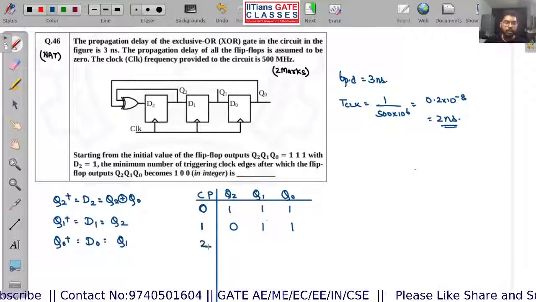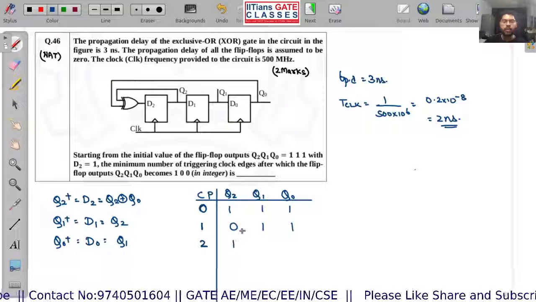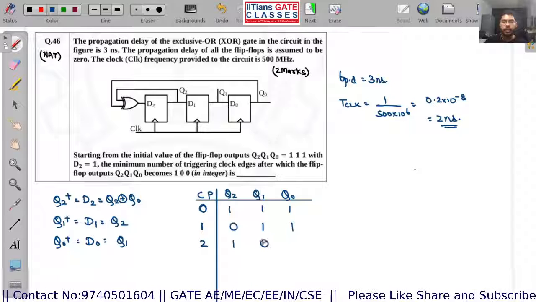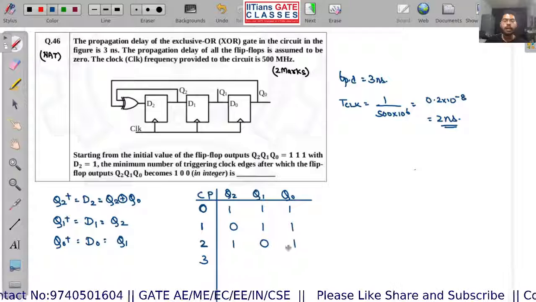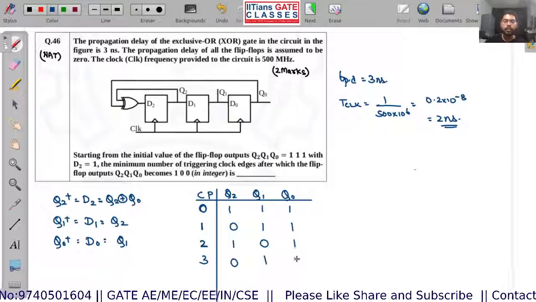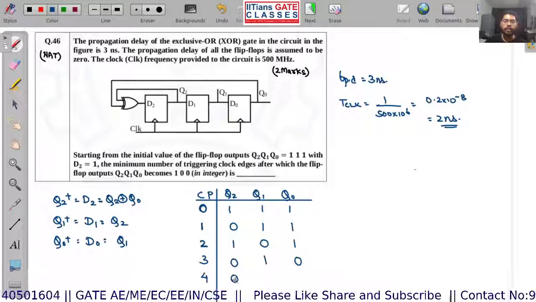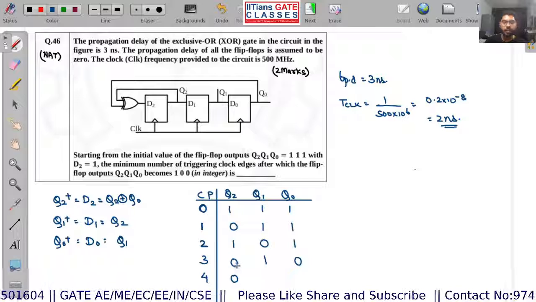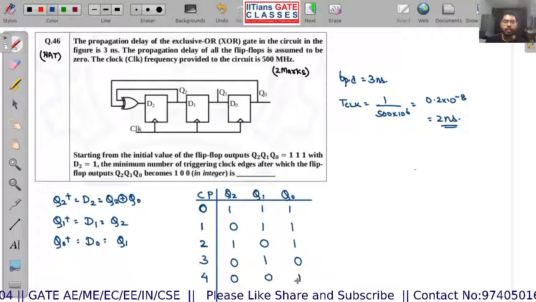For the second clock pulse, these two will be XORed, so this is 1, and this 0 will come here, and this 1 will come here. For the third clock pulse, again these two will be XORed, so 0, and this 1 will come here, and this 0 will come here. For the fourth clock pulse, again these two are XORed, so 0, and similarly this 0 will come here and this 1 will come here.